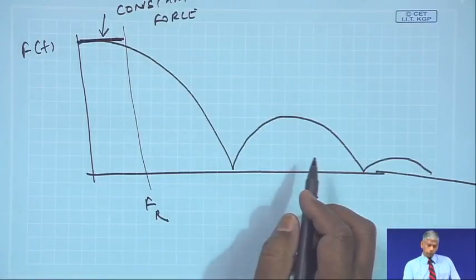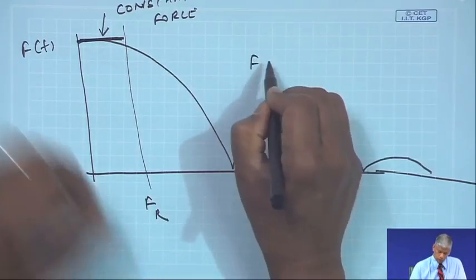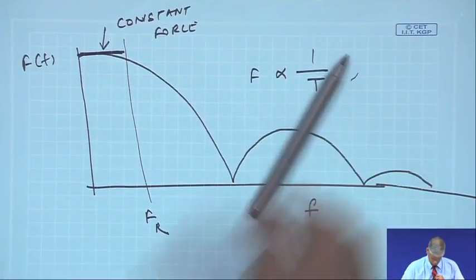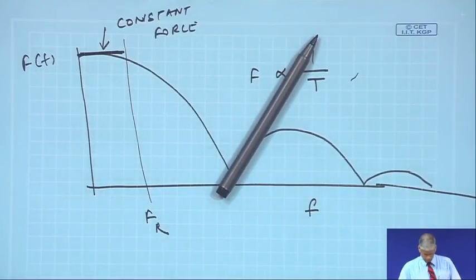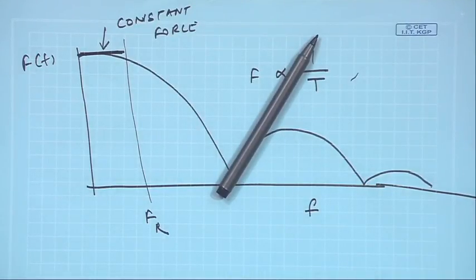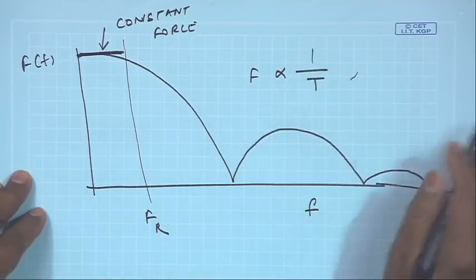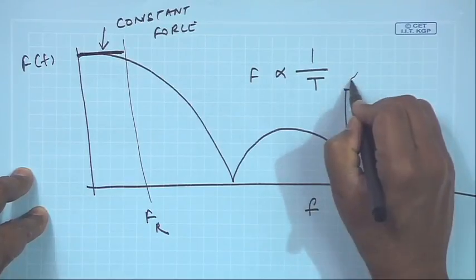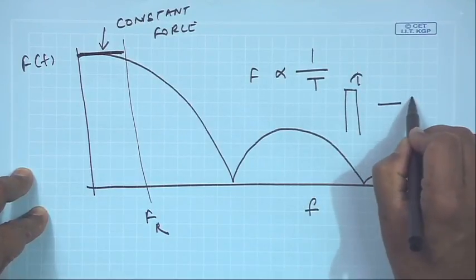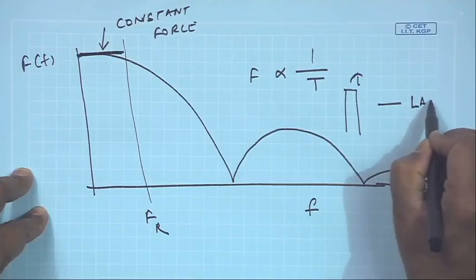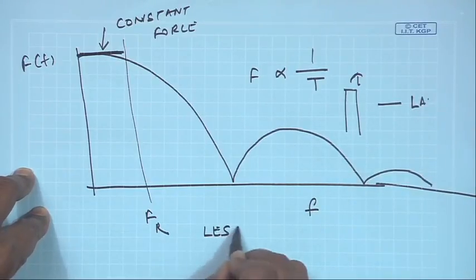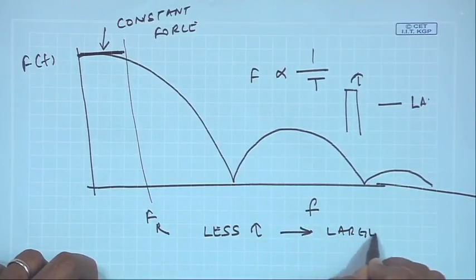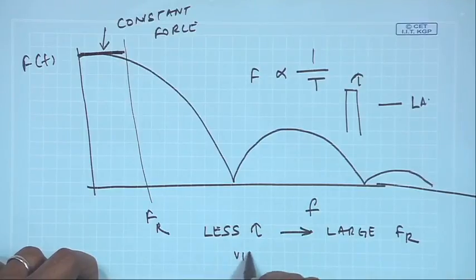As you know, the frequency is inversely proportional to time. So, less time means more of this force. If the pulse duration tau is less, I will have a large frequency range FR, so less tau corresponds to large FR and vice versa.